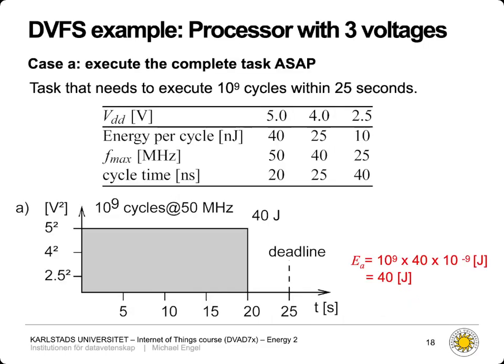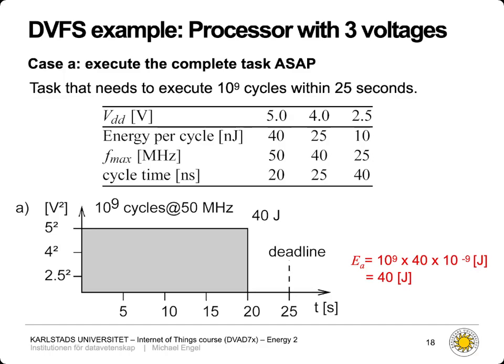So here we have an example for dynamic voltage frequency scaling for a processor with 3 different voltages, and we have 3 different use cases. Case A is we want to execute the complete task as soon as possible, and we have a task that needs to execute a billion cycles, so 10 to the power of 9 processor cycles, within 25 seconds.